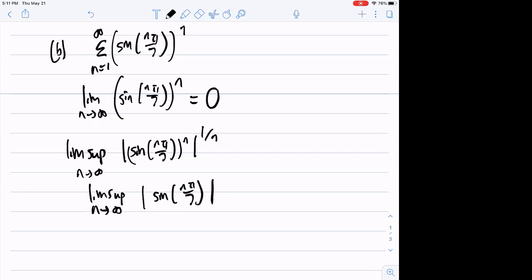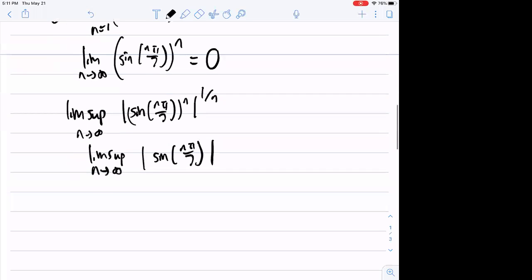We are done, because there's only finitely many, right? Because we only go from sine of pi over 7 all the way to sine of 14 pi over 7, right?